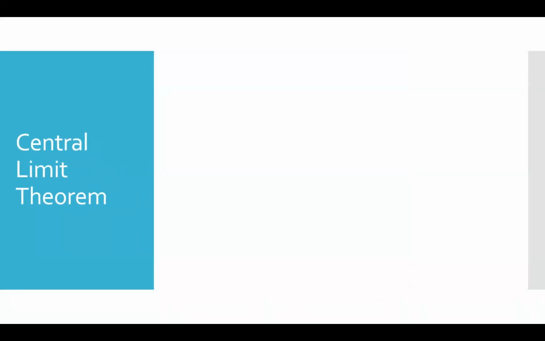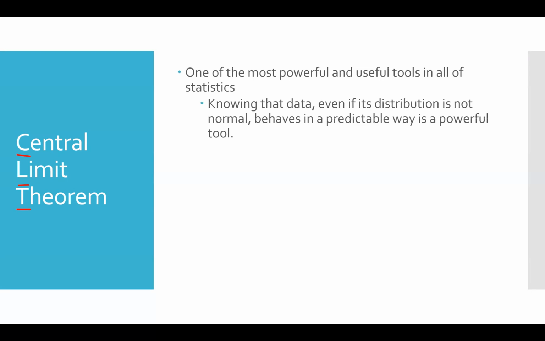we abbreviate it. Sometimes you'll hear me say, or you'll see me write CLT, which is just the shorthand notation for central limit theorem. And guys, it is one of the most powerful and useful tools in all of statistics. I was looking this morning, it was actually introduced by a French mathematician, de Moivre, in 1733.